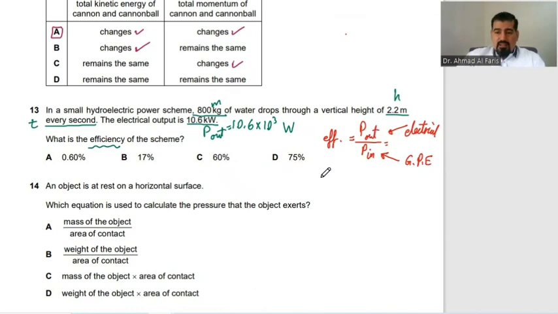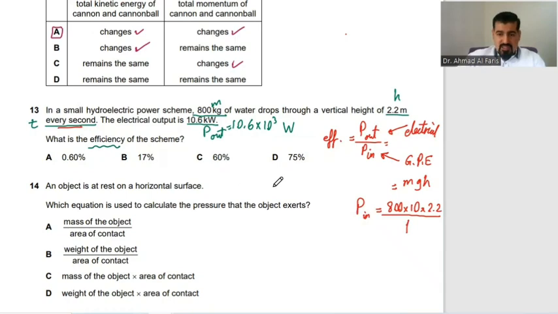This energy, gravitational potential energy, is equal to mgh, which is the mass 800 kilogram multiplied by g, which is 10, multiplied by h, which is 2.2. And all of this happens every 1 second. So if I'm talking about the power, then it's mgh, 800 times 10 times 2.2 divided by the time, which is 1 second. Every second this is happening.